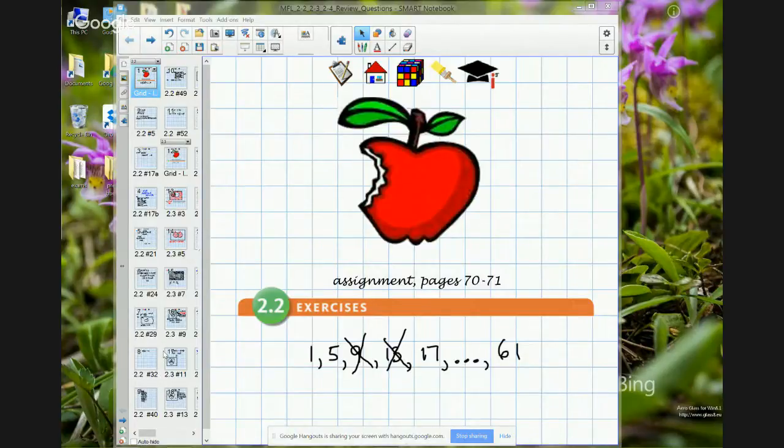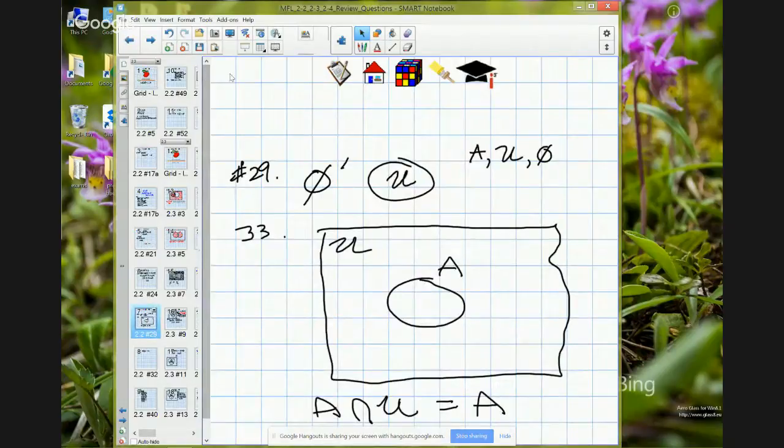Let's look at 33. In problems 29 to 38, we have a universal set, and you're supposed to find the indicated set in terms of A, the universal set, or the empty set alone.